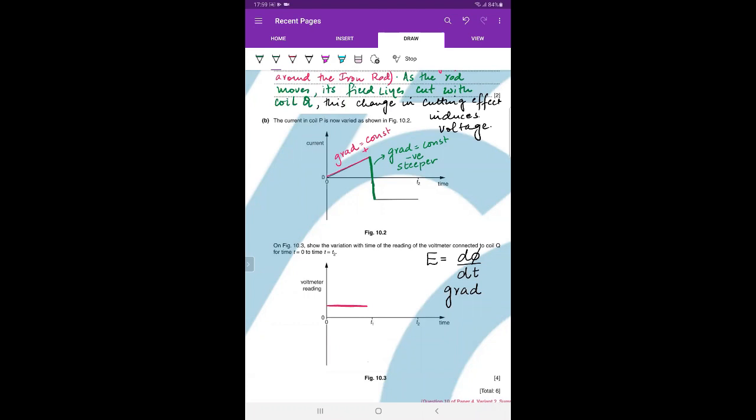So negative constant but a much larger value, so much more steeper. Join बाद में कर दूंगा. So the red goes with red, the green kind of goes with green.